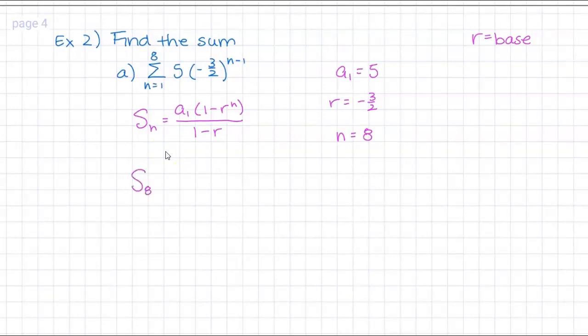The 8th partial sum is 5 times 1 minus negative 3/2 to the power of 8, all over 1 minus negative 3/2. And then we just plug that into the calculator. Now, one thing I want to point out is be careful, because we're so used to going, oh, minus negative, just make a plus.